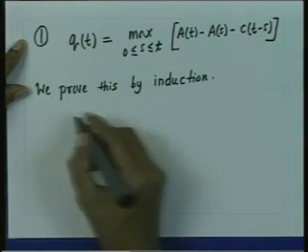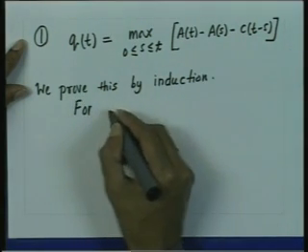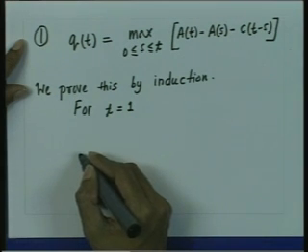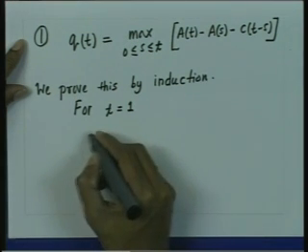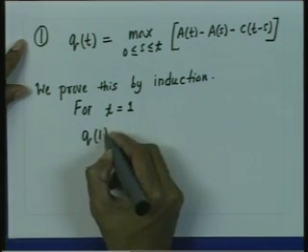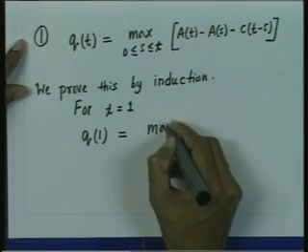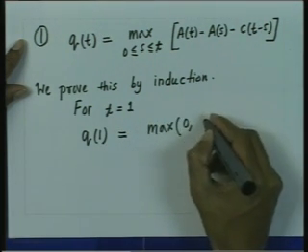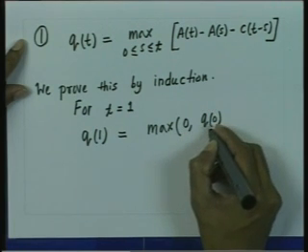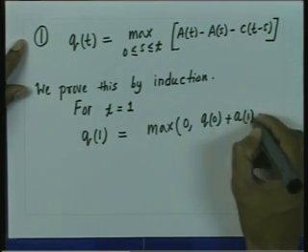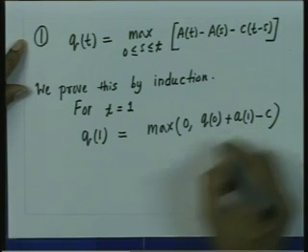Let us see what happens for t equal to 1. For t equal to 1, this result is trivially true, because we know from Lindley's equation that Q1 is given by max of 0, Q0, which was the Q length at time 0, plus A1, the number of arrivals at 1, minus C, the number of departures that have occurred.